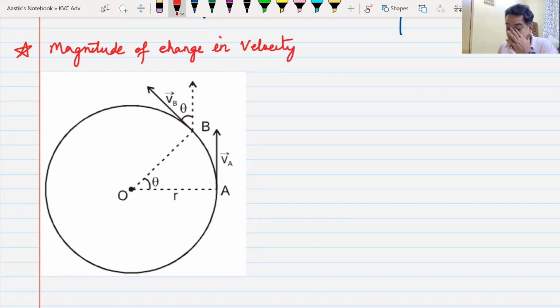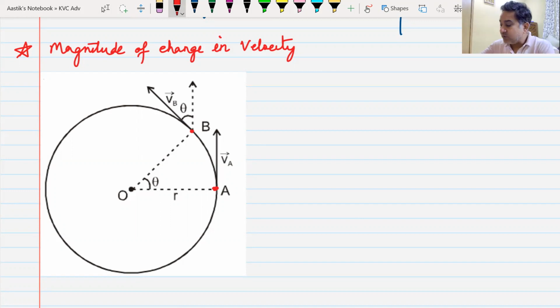Now, what you see here is two instances. In the beginning, the body is at A, then the body is at B. At A, the velocity is VA, tangential, and at point B, velocity is VB.